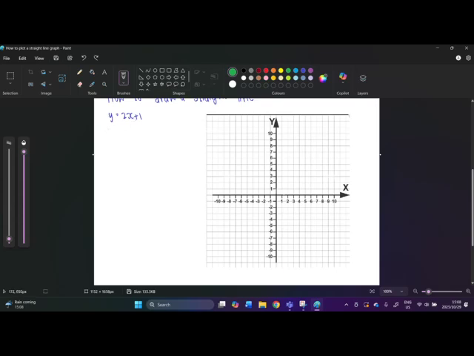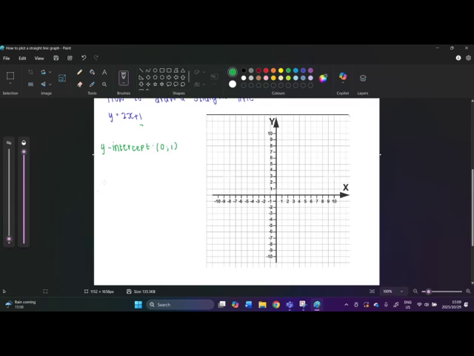We have the equation, and in order to draw a straight line, you need a set of coordinates, right? We know that the y-intercept is the value of c. So that means our y-intercept is the point 0, 1, right?